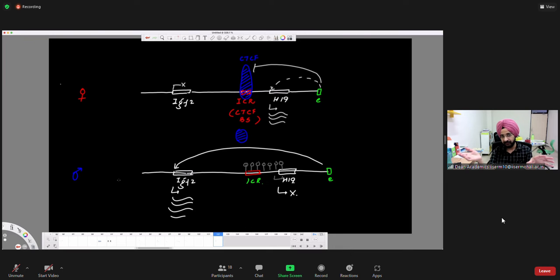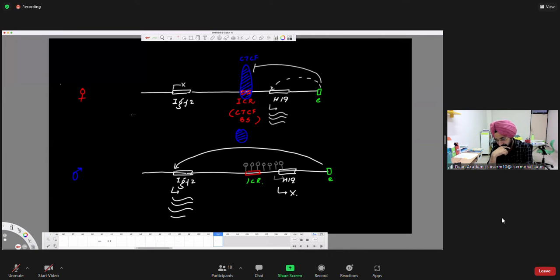So the silent allele is early replicating and the active allele is late. Sorry. It is always the maternal allele which replicates early and the paternal allele replicates late, no matter what the status of that gene is. For example, IGF2 is silent, but this will be replicating early.